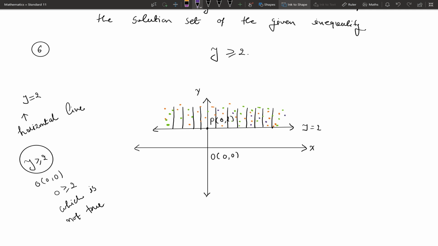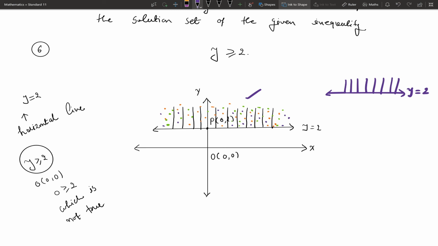y greater than or equal to 2 in the two-dimensional plane. That means in short, all this portion above y equal to 2, so y greater than or equal to 2. So this is the solution.